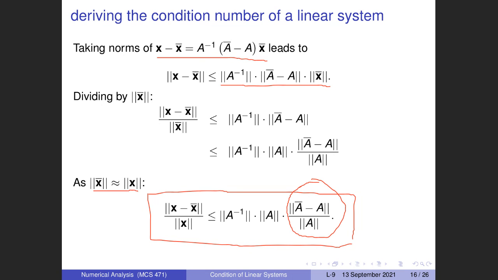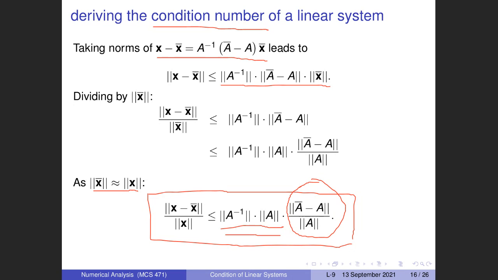If you have measured your coefficients, say with 2 decimal places, then that is 10 to the power minus 2. And now we have this quantity that we already encountered, and that is what we will call the condition number.